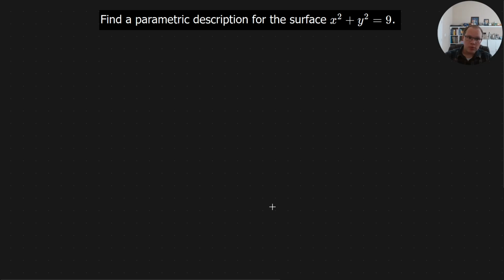Find a parametric description for the surface x squared plus y squared equals 9. This is kind of similar to the last one. This is a cylinder of radius 3. There are no restrictions on z. But since it's a cylinder, maybe cylindrical coordinates are, again, a good idea. With cylindrical coordinates, we'd have x equals r cosine theta, y equals r sine theta, and z equals z.